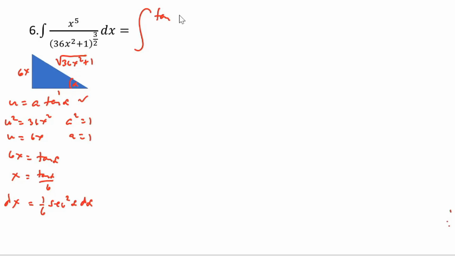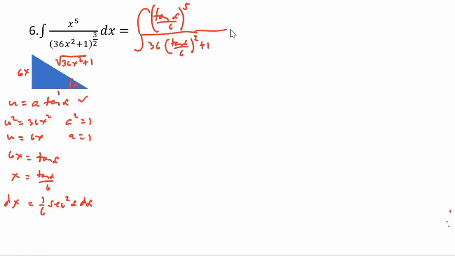So I can write now (tangent alpha over 6) to the power of 5, all over 36 times (x, which is tangent alpha over 6, raised to the power of 2) plus 1, open and close bracket, to the power of 3 over 2, times dx. Now we have 1 over 6 of secant squared alpha d alpha.